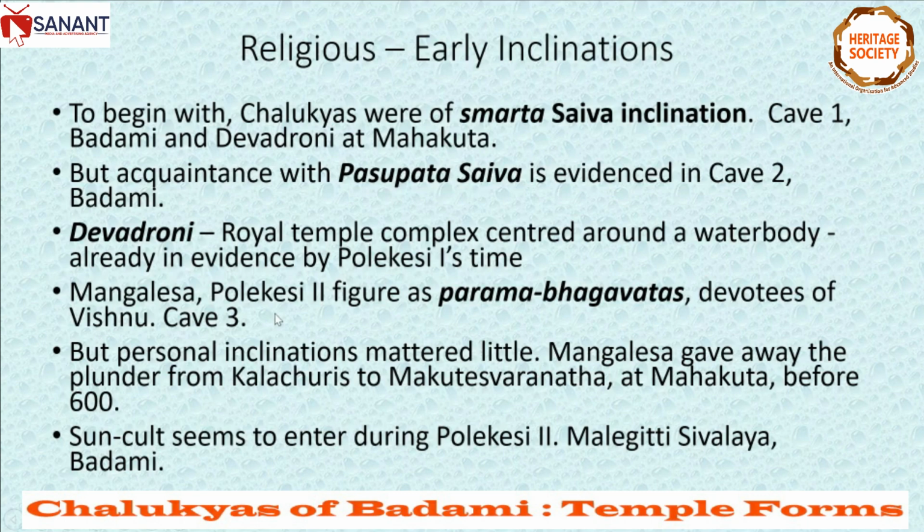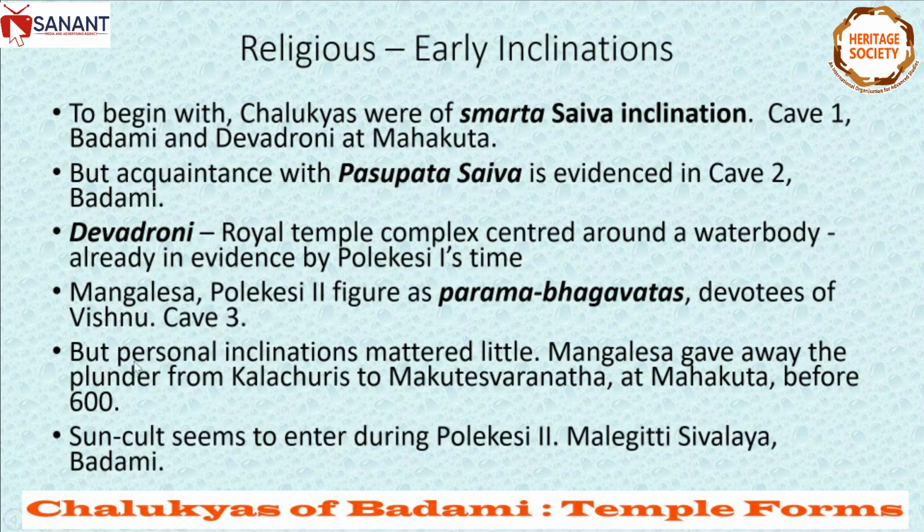And it was executed in the reign of Kirtivarma first, but by his younger brother Mangalesha. Okay, and it is one of the most splendid cave temples that was excavated in the capital by the Chalukyas.